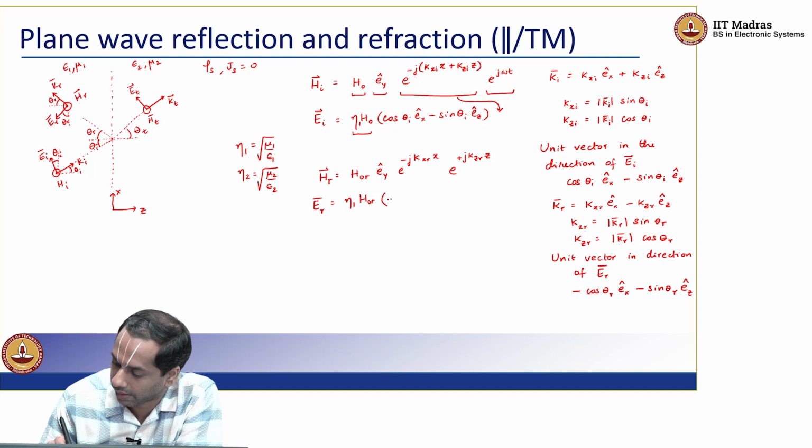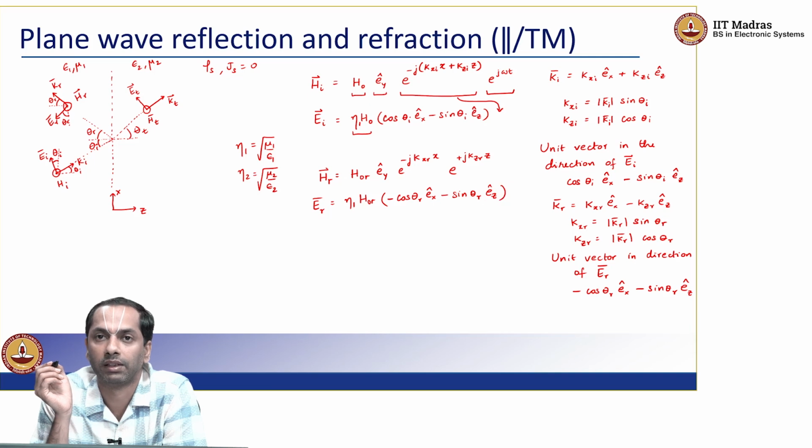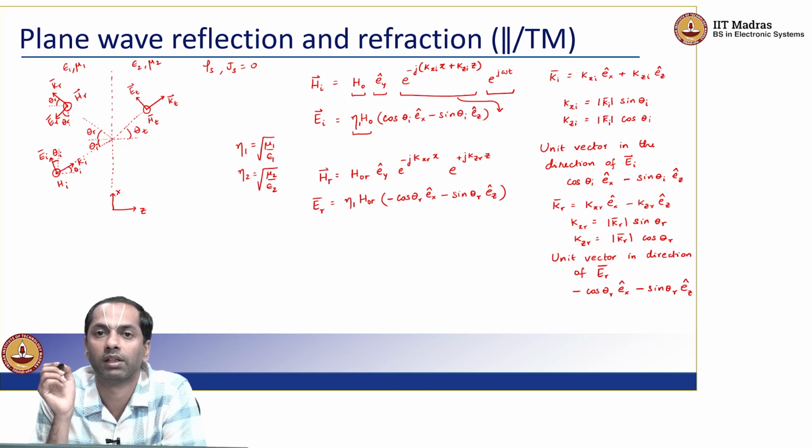Okay, so we can write that here, minus cosine theta r Ex minus sine theta r Ez. You might feel that it is going a bit slow, but this is highly critical. Remember that these components are the ones we are going to use to establish boundary conditions.